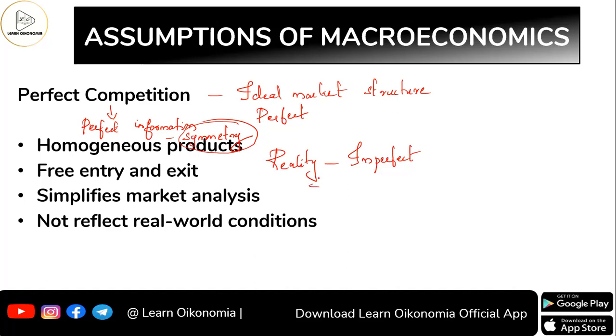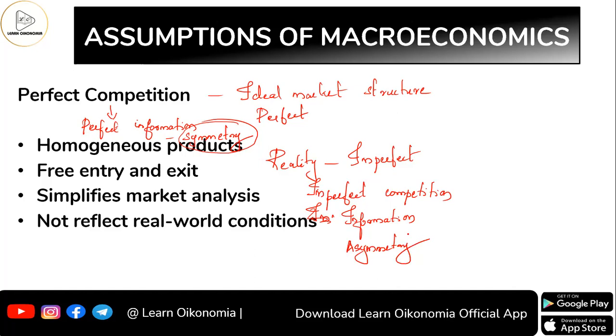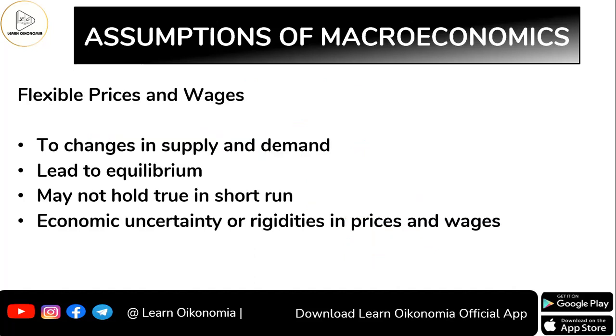In reality, we do have imperfect competition. And for the very same reason, we have imperfect information, or what we call information asymmetry. So this is again causing complications. Somebody will be cheating others and so on. But for the sake of simplicity, we assume a perfectly competitive market structure in macroeconomics.